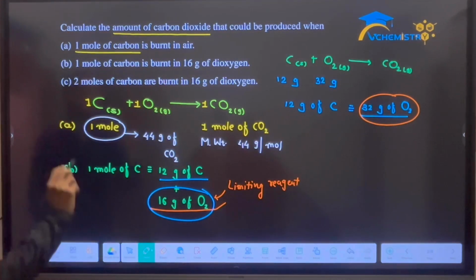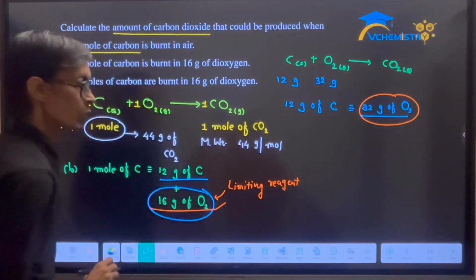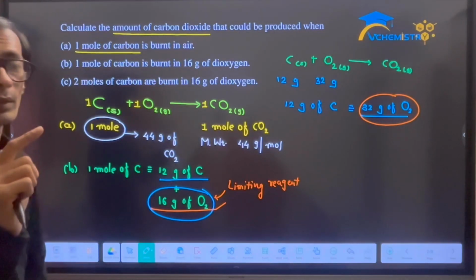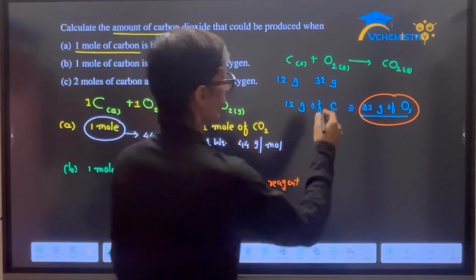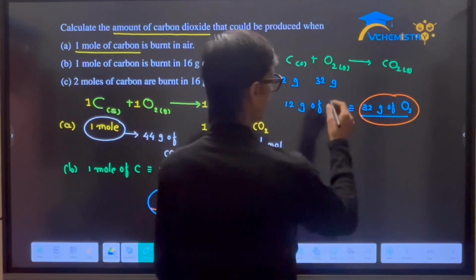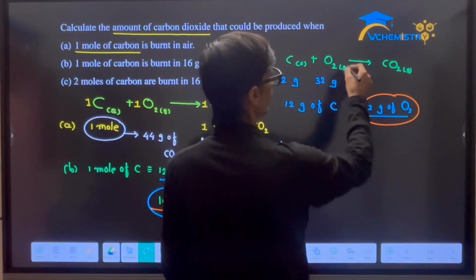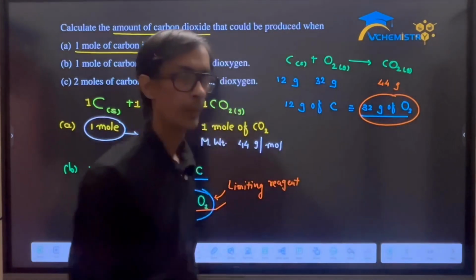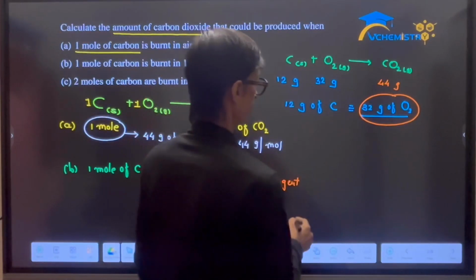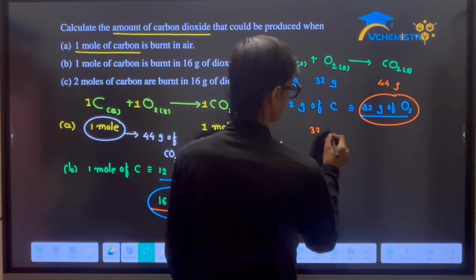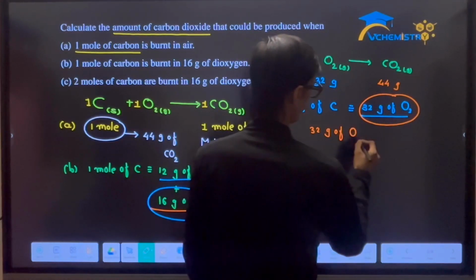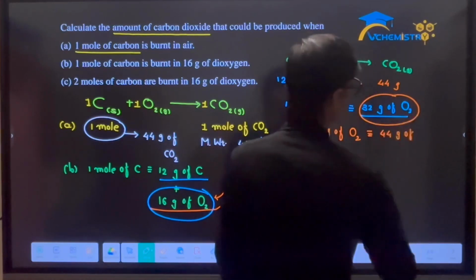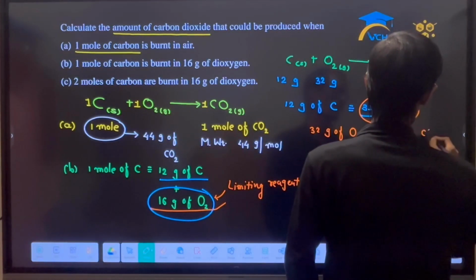We want to calculate the amount of carbon dioxide, that means the product. So always find the amount of product with respect to the limiting reagent. Once again we will go with the ideal statement. See here, 32 gram of oxygen gives 44 gram of carbon dioxide. That means 32 gram of O2 gives 44 gram of carbon dioxide.